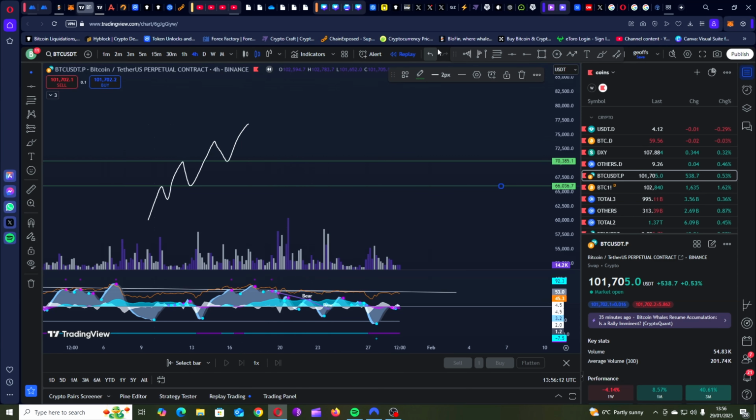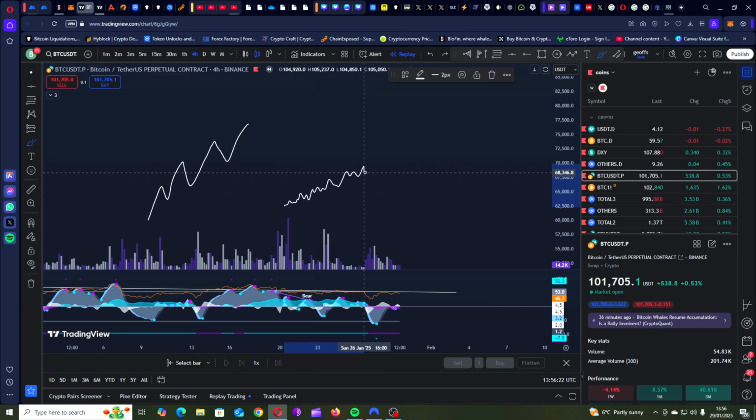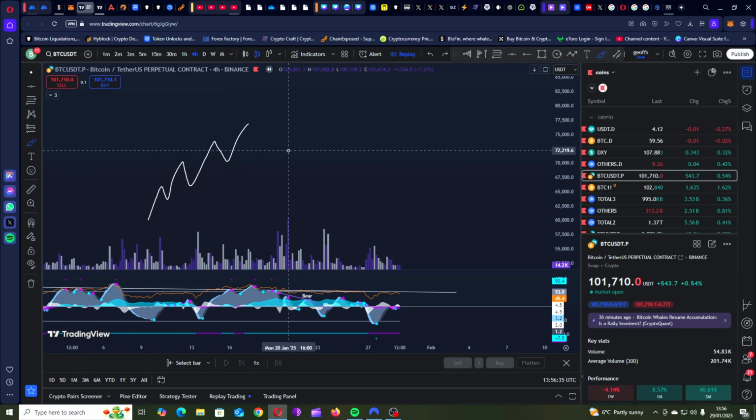In reality, market structure looks like this. That's what market structure looks like in reality. So it doesn't look like this, but I'm trying to make it as basic as possible for you to show you how easy market structure can be used.